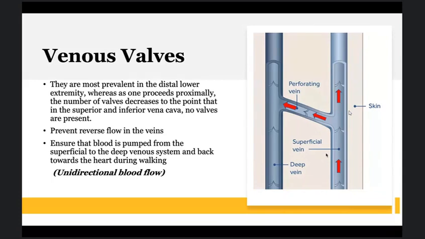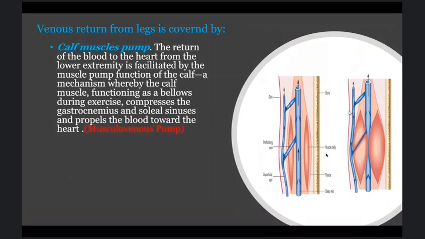Okay, now venous return from the lower limb is governed by, first, the calf muscle pump. The return of blood to the heart from the lower extremity is facilitated by the muscle pump function of the calf, a mechanism whereby the calf muscle functioning as a bellows during exercise compresses the gastrocnemius and soleus sinuses and propels the blood toward the heart.